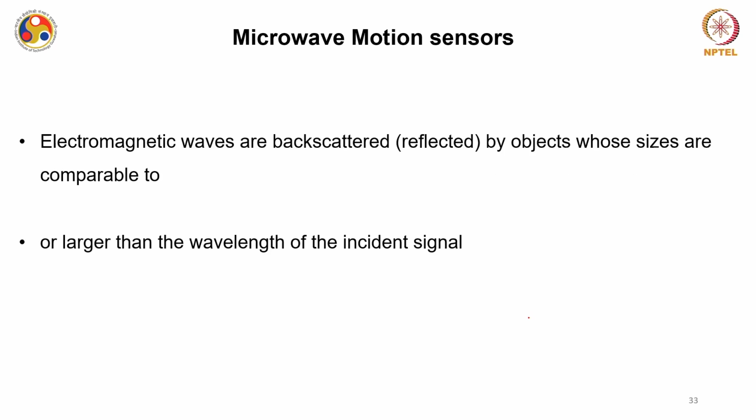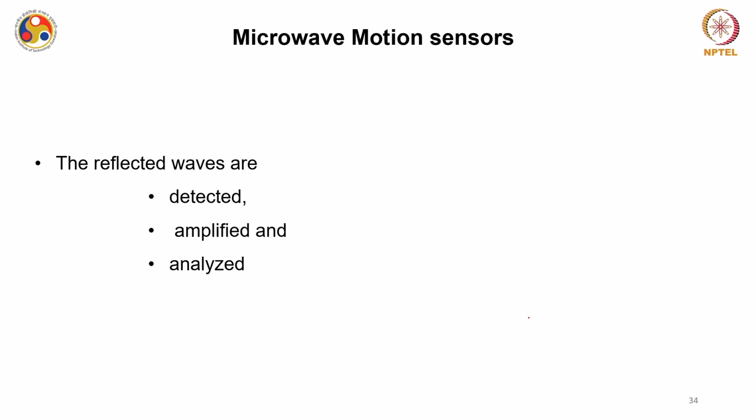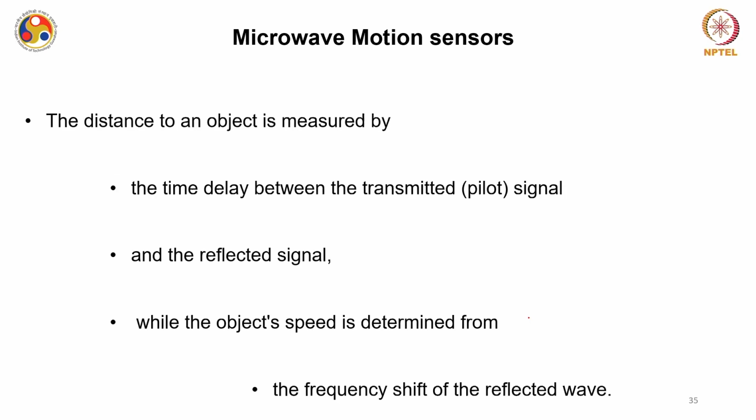Okay, so electromagnetic waves are actually backscattered or reflected by objects whose size is comparable to or even larger than the wavelength of the incident signal. The reflected waves are detected, then amplified, and then analyzed to get insight about the object from which they are reflected.